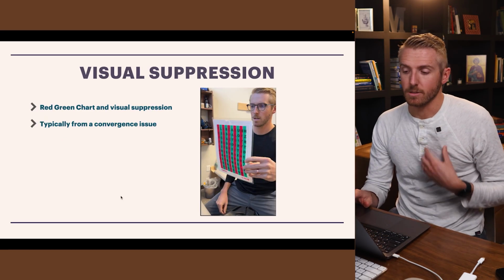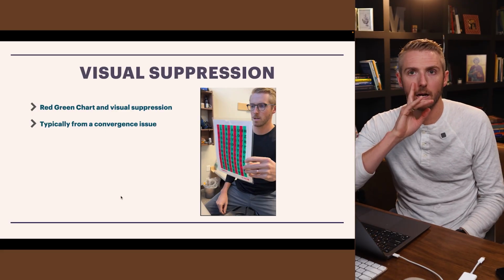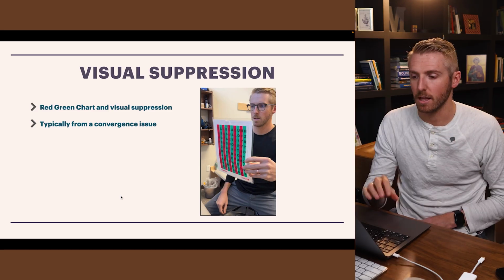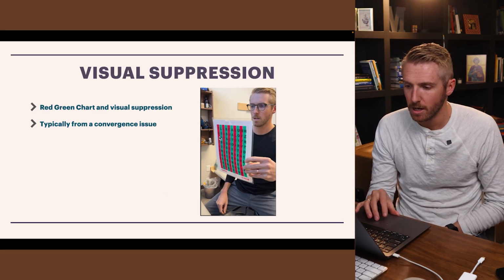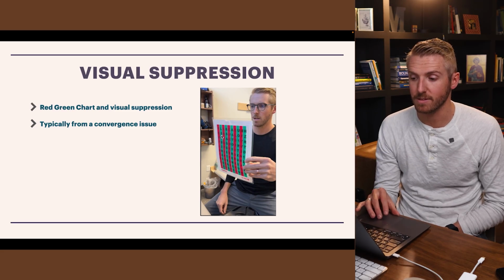Okay, this is my red-green chart. I'm going to explain the best I can. The kid has glasses on that have a red filter on the right eye, green filter on the left eye. So when they look at this chart, if I have a red on my right eye, I can see the reds with my right eye. If I have a green on my left eye, I can see the greens with my left eye.